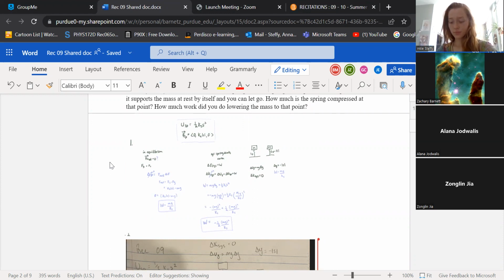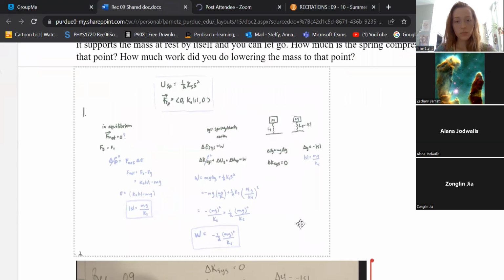It seems like we all approached it in a pretty similar fashion. For finding the value of s, we all took the equilibrium point and realized that the net force at that point is 0, and we were able to set the spring force equal to the force of gravity and solve for s.